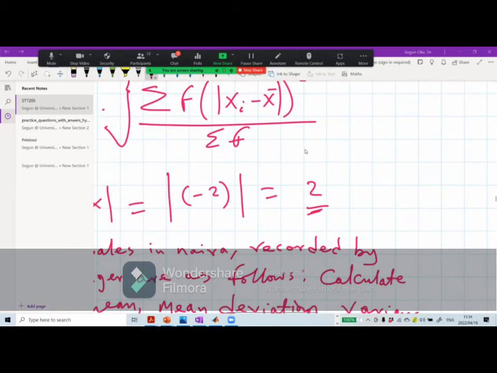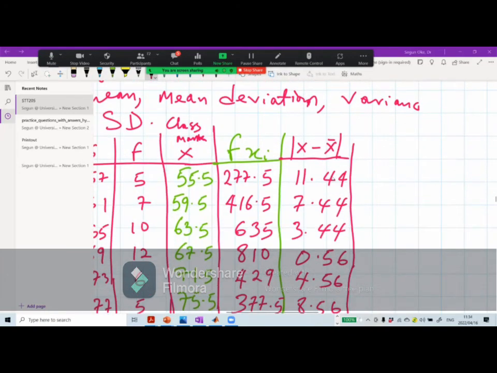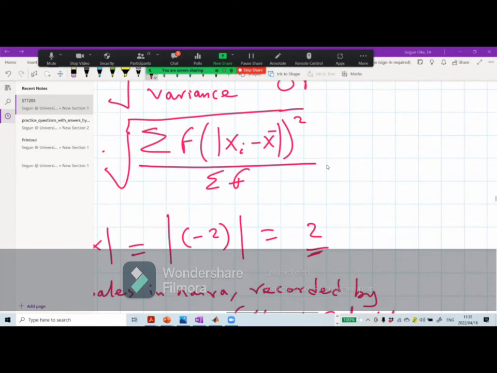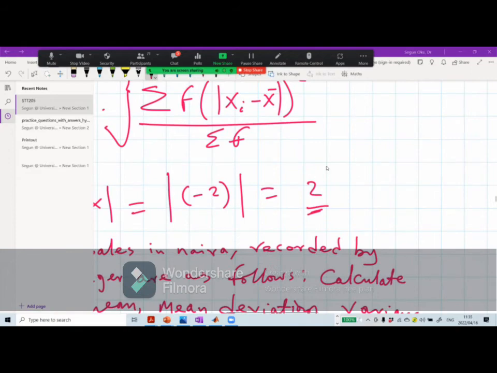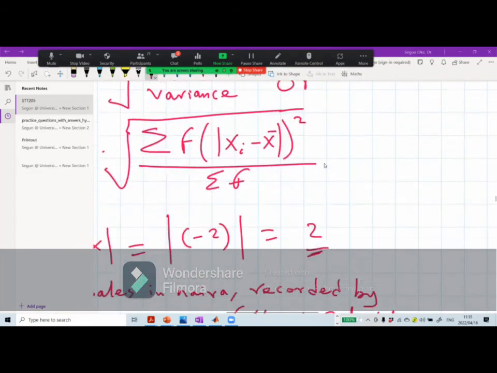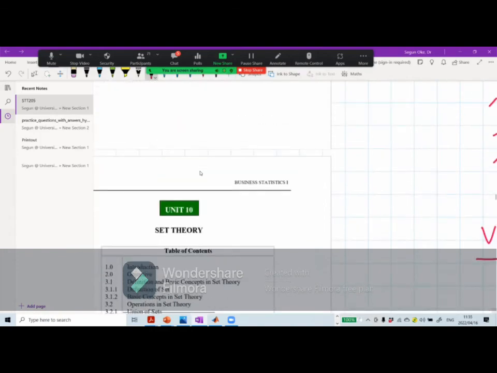Yes, Yaya. Are we not supposed to square the x minus x bar first? I thought we are supposed to sum these together. Yes, are we not supposed to square it? From our formula we have the absolute value of x minus x bar, squared. Let me show you something here.